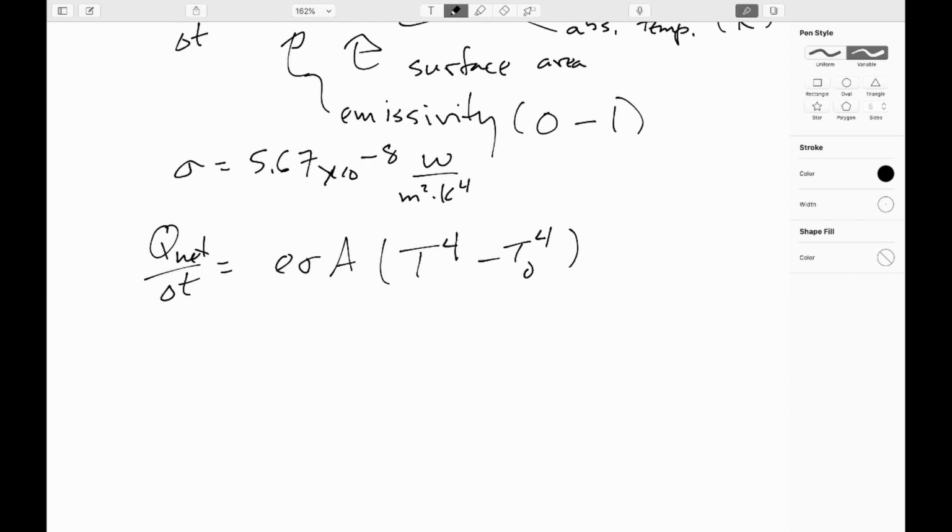Now, it turns out that even though radiation is the least efficient of the heat transfer channels, there are situations where it's the only transfer channel. An example of that would be a satellite.